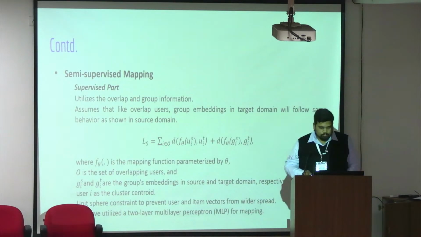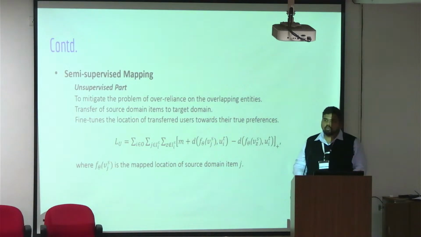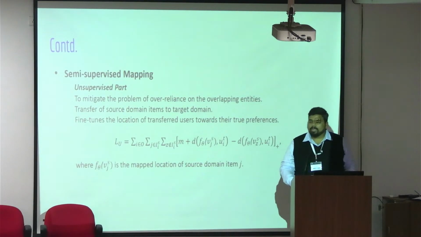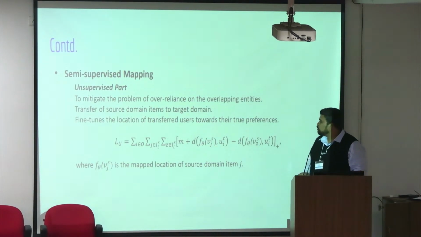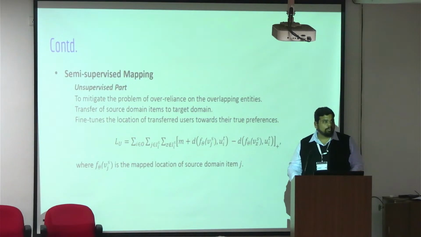Now for the unsupervised part: as in the supervised part, we are only considering the overlapping data, it may give us some problem as it is over-relying on the overlapping entities. So we have also transferred the source domain items to the target domain so that we can learn the true preferences of the users with the help of the source domain interactions.